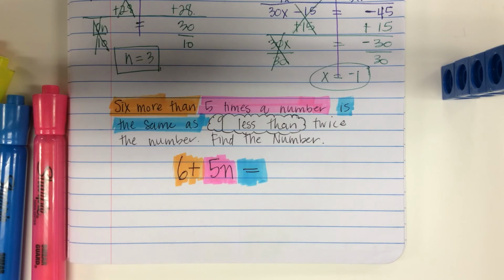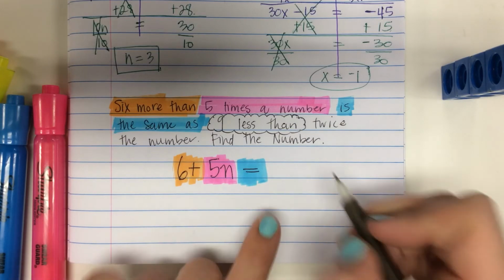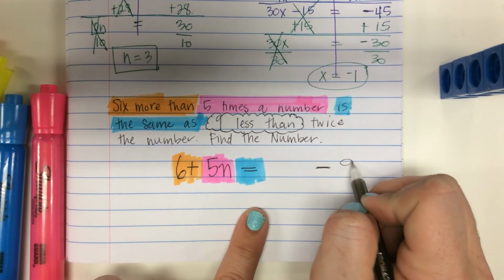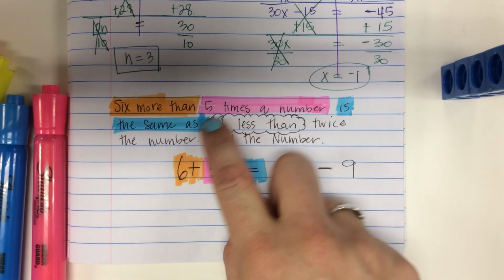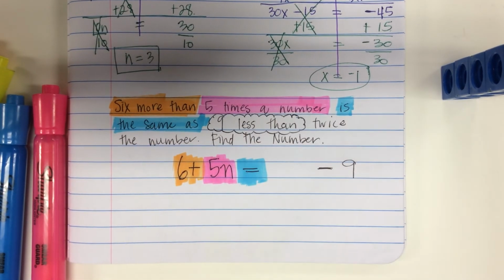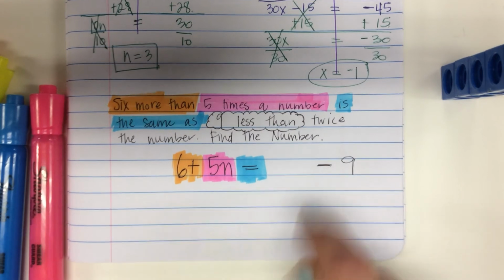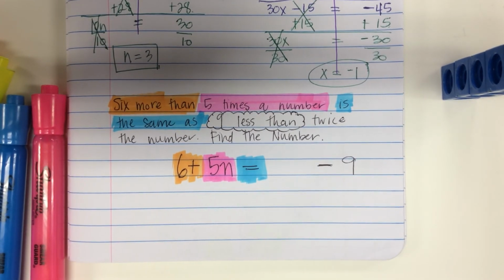What does 9 less than mean? Zach? Good. It means minus 9. It does not mean 9 minus. If it said 9 and then the word minus, you betcha you'd write 9 minus. But since it says 9 less than, it matters.